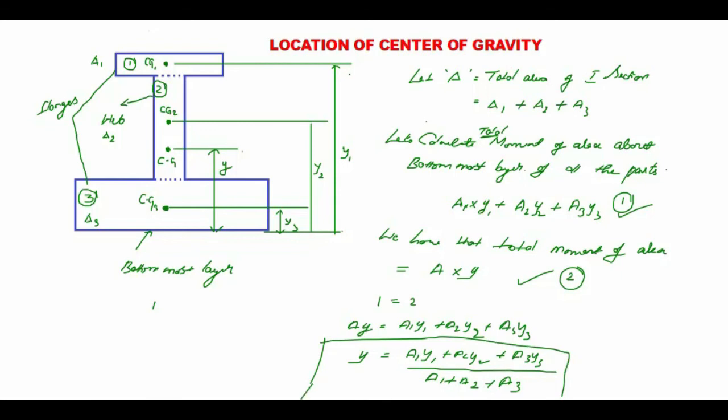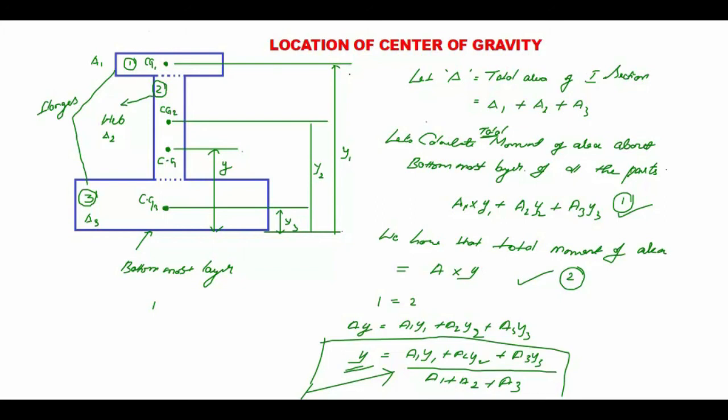See here, what is y? y is the distance between the center of gravity of the I section and the bottommost layer. So this y gives the location of the center of gravity with respect to the bottommost layer.